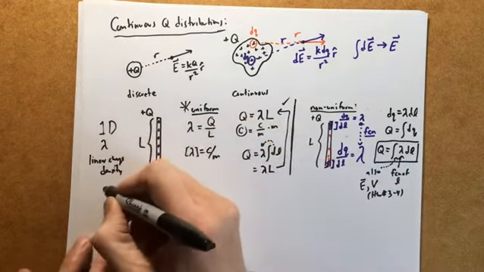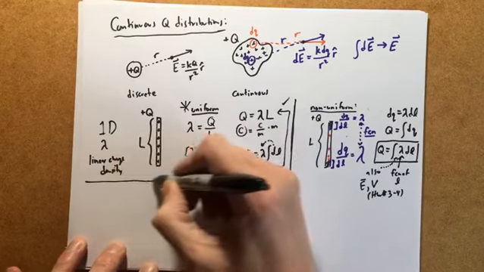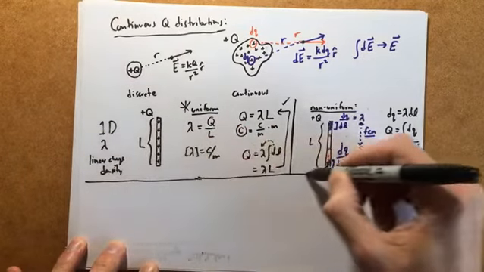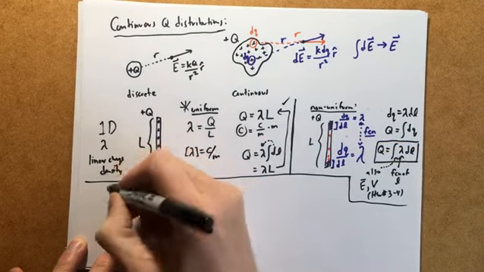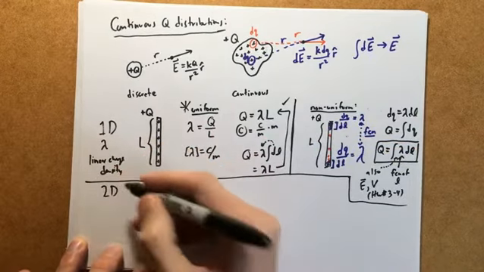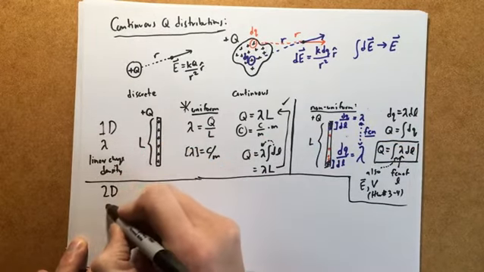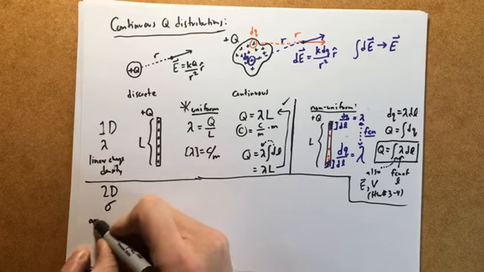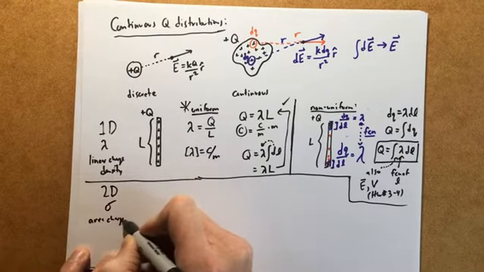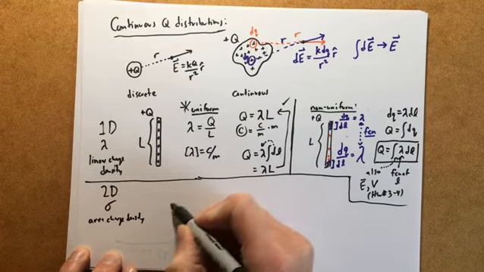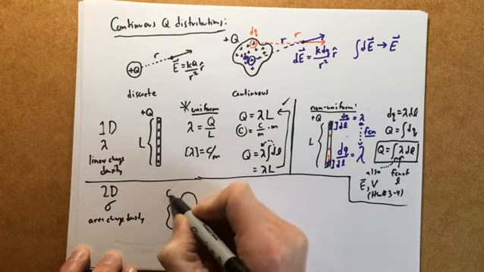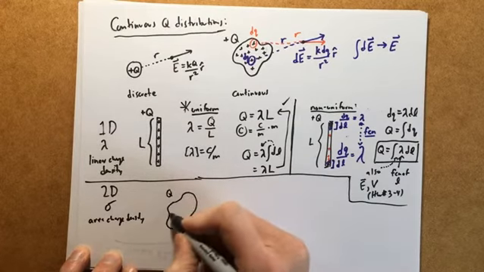Now, same idea if you're in 2 dimensions. So let me try to make this kind of a table here. In 2 dimensions, same idea. We're just going to use a different Greek letter. We're going to use sigma for area charge density. This is when we are spreading the charge in 2 dimensions, kind of like a weird piece of toast.